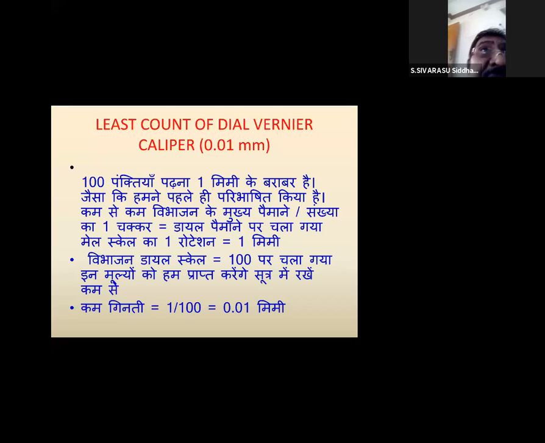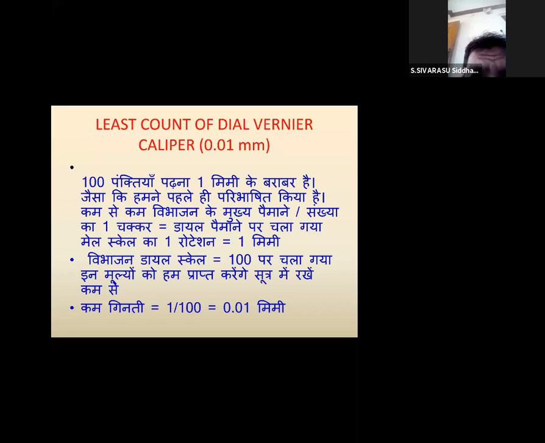The same way, a 0.02 mm accuracy dial caliper is also available, and even 0.05 mm accuracy. For 0.02, they have taken a 2 mm distance and divided it into 100, so each division value is 0.02 mm.